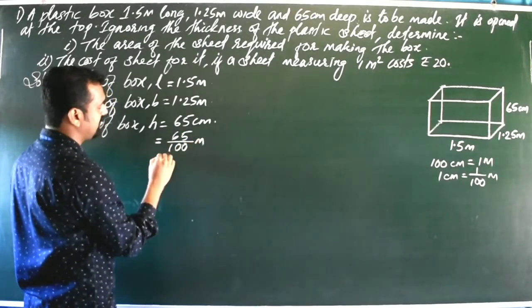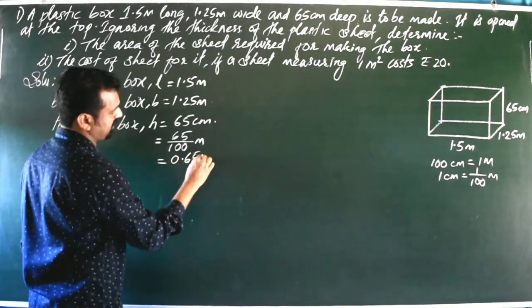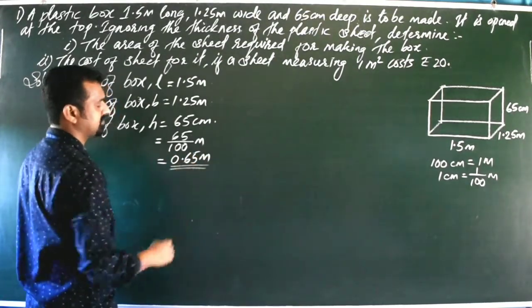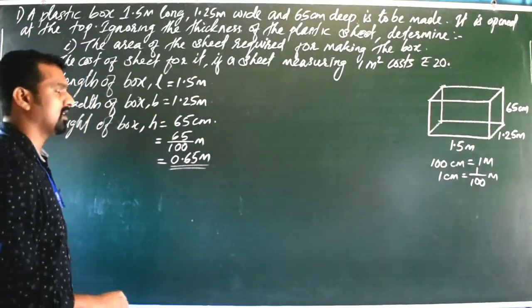What is the answer? 0.65 meter. That is the height of the cuboid, or height of that box.